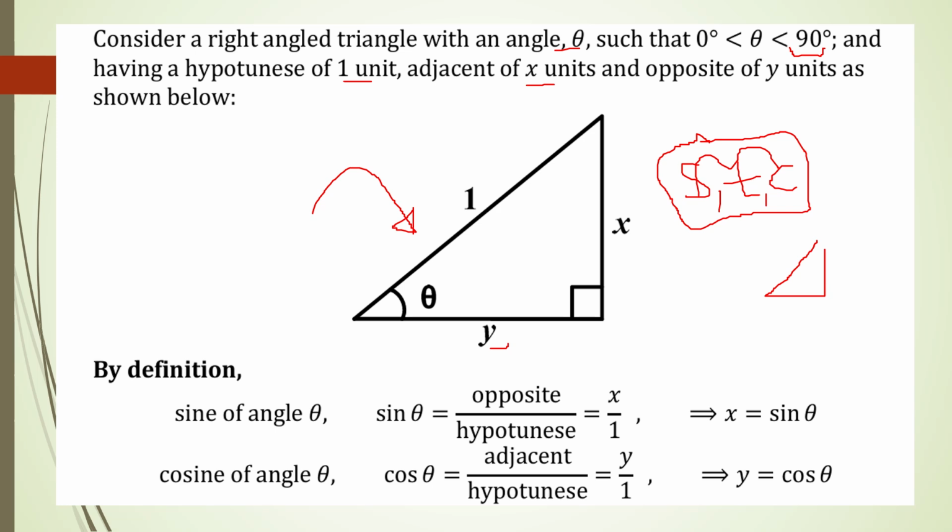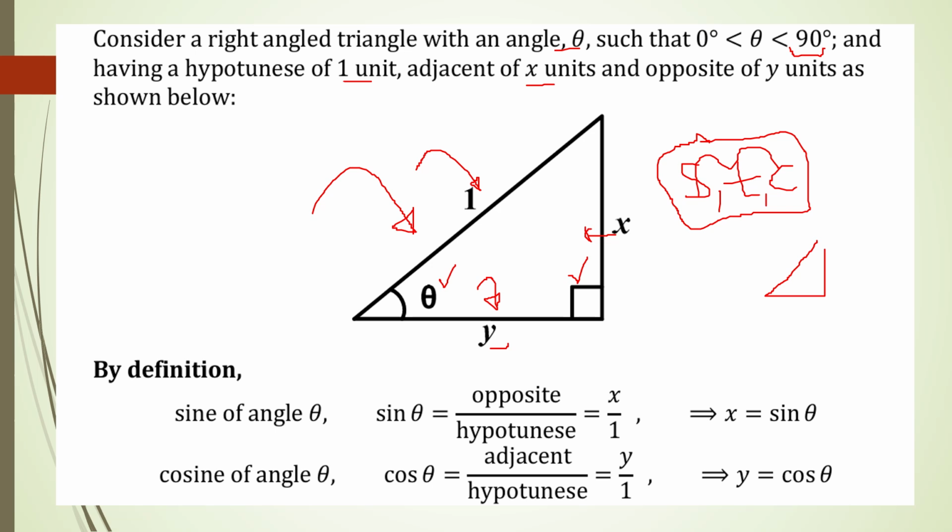So if you look here, the side that has an angle together with the right-angle symbol is called the adjacent, and the side which has the right angle only is what we call the opposite, and then the side which is the longest is what we call the hypotenuse. And these can be related using Pythagoras theorem.